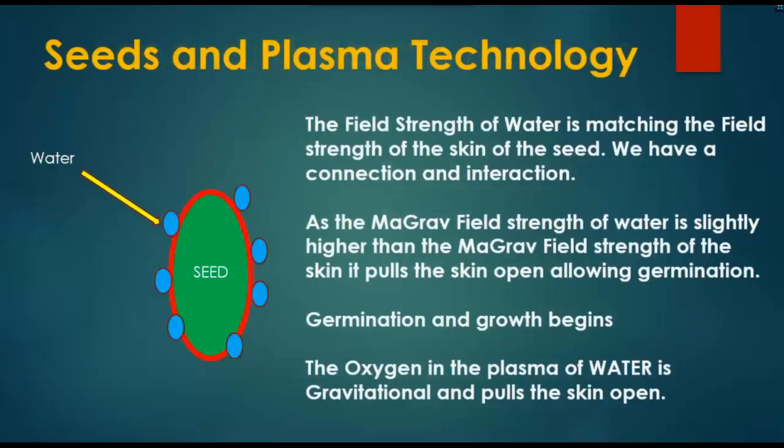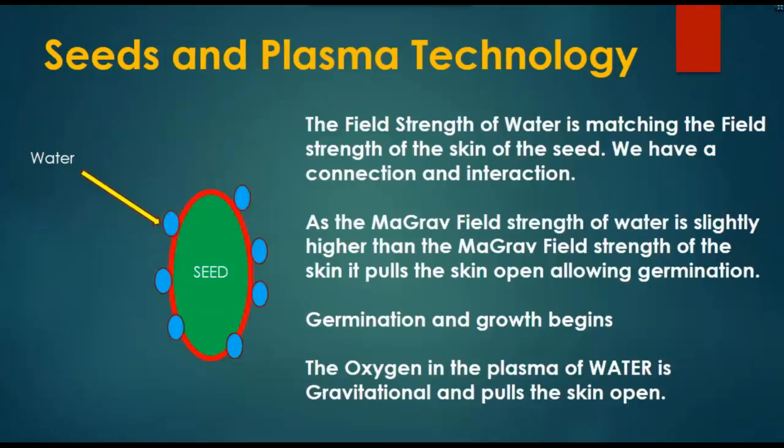Now, when we look at what the water is all about, we know that the seed coating, the outer layer of the seed, has a magnetic or gravitational field strength. So when we expose the seeds to the water, it's the field strength of the water which matches the field strength of the skin of the seed. And so we have that connection and interaction.